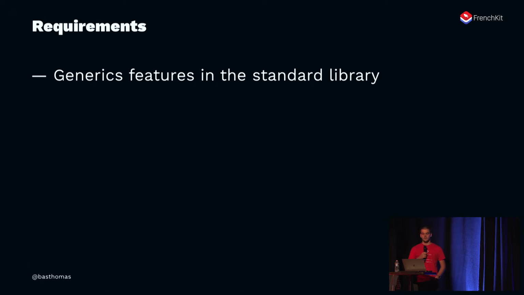There are some generic features in the standard library that still need to be implemented. This will probably not impact us, but it will impact Apple and is needed for the API stability. We'll talk a little bit more about that later. Then we have API resilience, which basically means that we need to be able to change APIs without breaking the API.